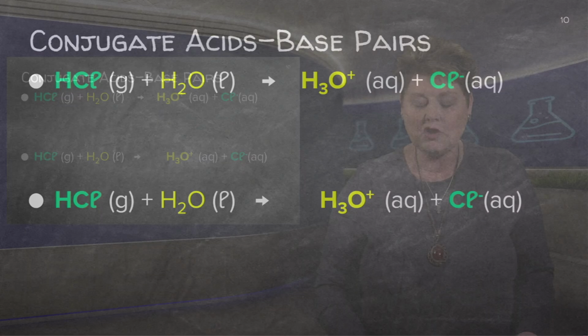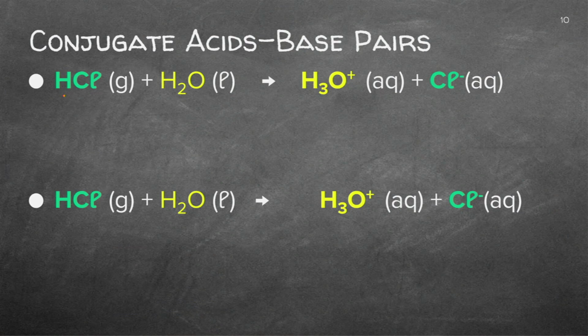A question is asked to you. They're giving me HCl plus water, and the question will be, give the conjugate acid-base pairs. So let's go and identify firstly our acid. You know that this H plus will be donated, so HCl will be the acid. What will it form?